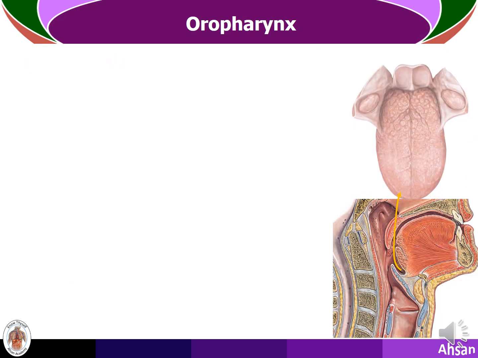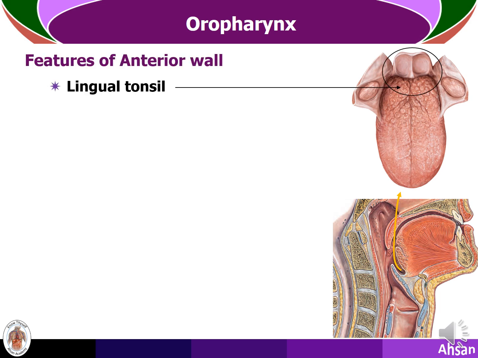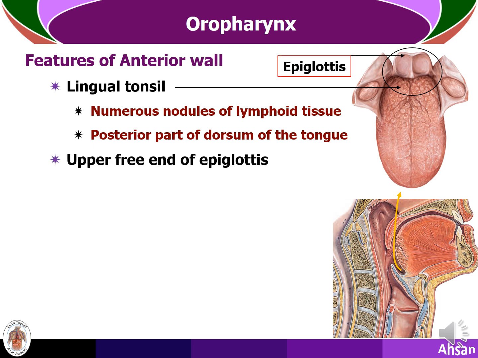The anterior wall of the oropharynx is shown in the figure. It comprises the dorsum of the tongue and the anterior surface of the epiglottis. So this has several features. The lingual tonsils are the small, numerous nodular swellings in the dorsum of the tongue, and posteriorly is the epiglottis.